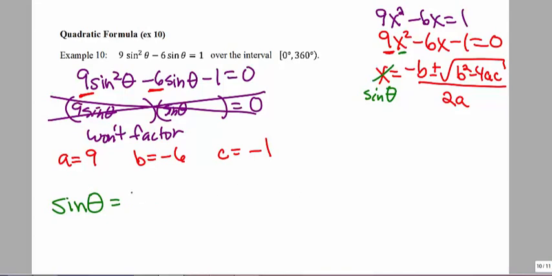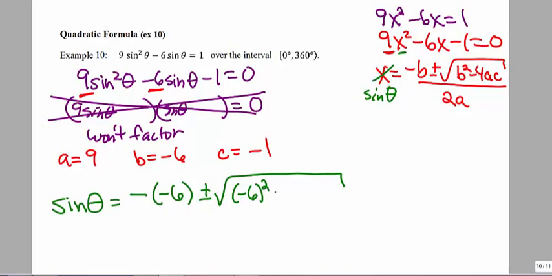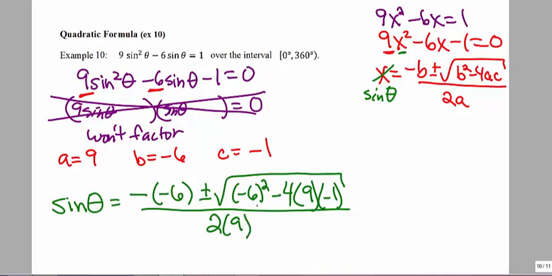So let's use our quadratic formula here. That would be minus b, so minus a minus 6, plus or minus the square root of b squared, so that would be minus 6 squared, minus 4 times a times c all over 2 times a. So you do need to know the quadratic formula just like you had to know it in college algebra.